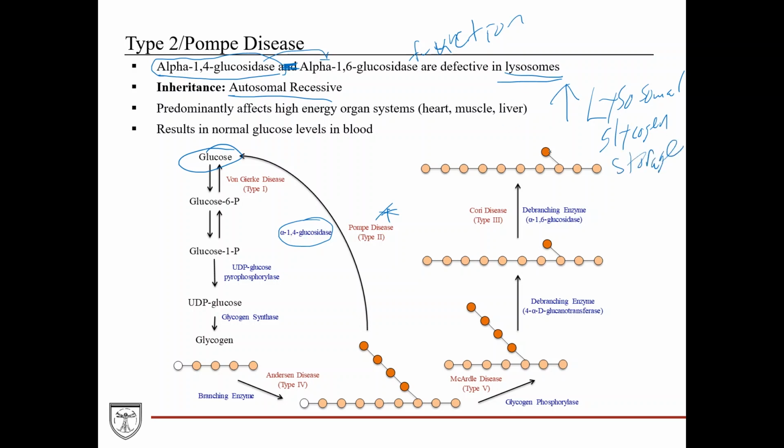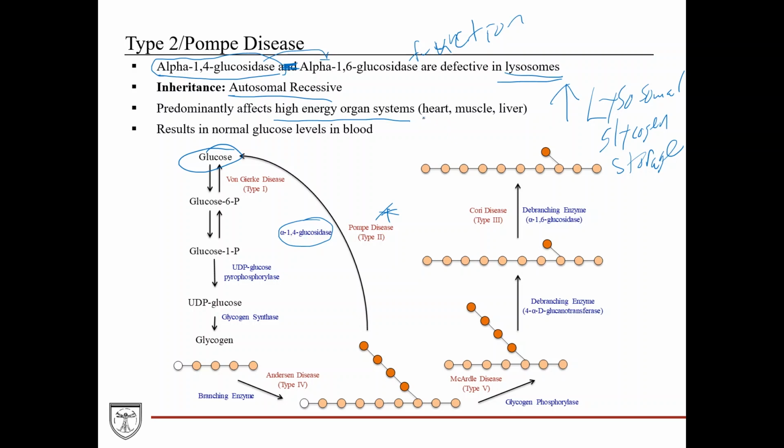And so these vacuoles of glycogen will accumulate within organs, and what that does is it can affect cellular function, and then it also holds up some glycogen from being used readily. And where that really comes into play is high energy organs that really rely on readily available glycogen very quickly and consistently throughout their physiological function.